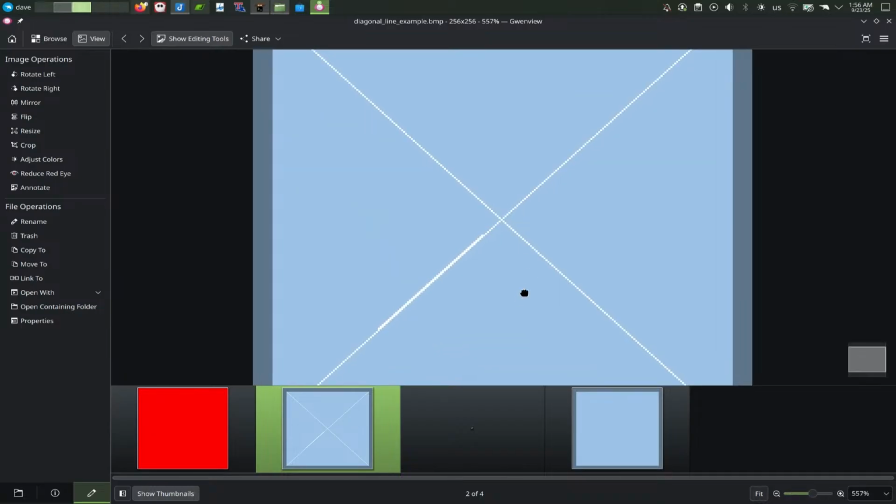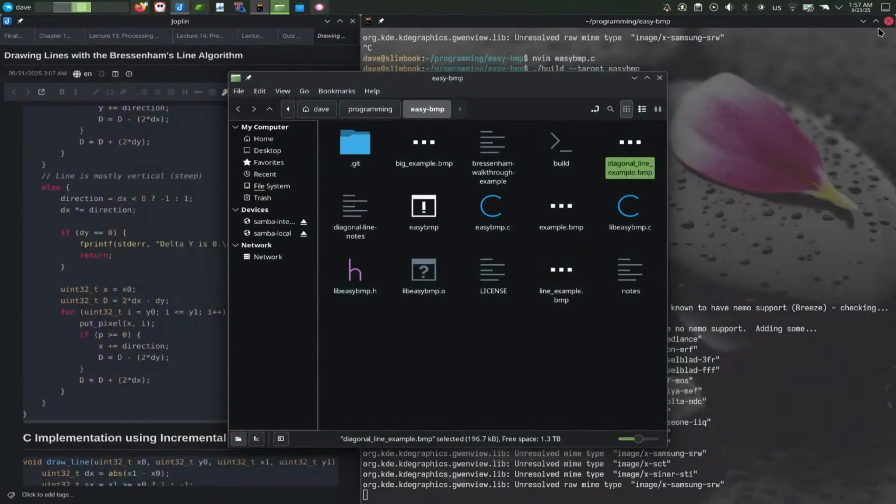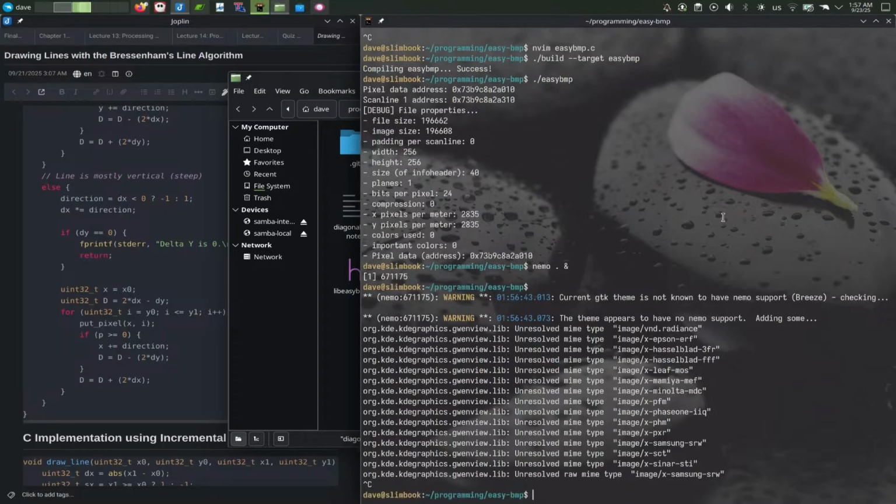Okay, well, it drew the line, but I don't know what happened. I thought I provided the right coordinates. What went on there?